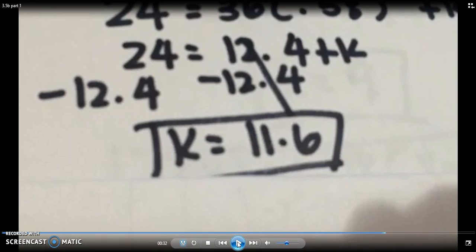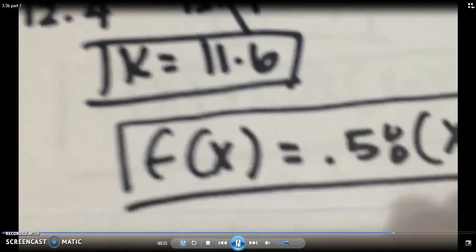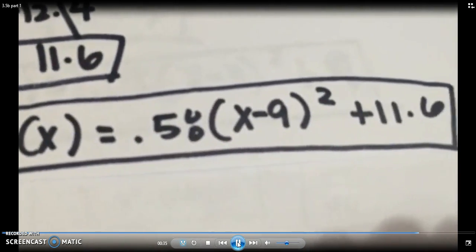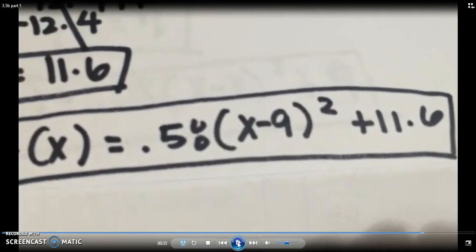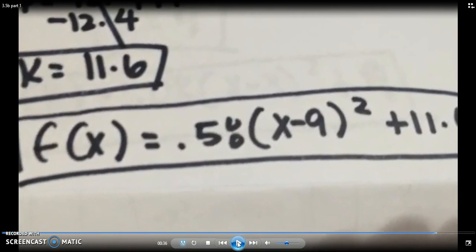Now since I have all of my variables, I'm going to plug them into the equation f of x equals a parentheses x minus h parentheses squared plus k. And so f of x equals 0.58 parentheses x minus 9 parentheses squared plus 11.6.